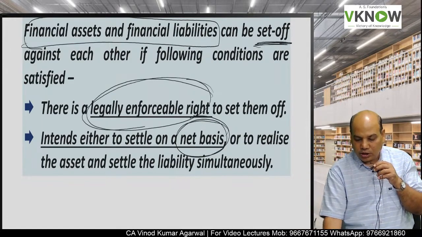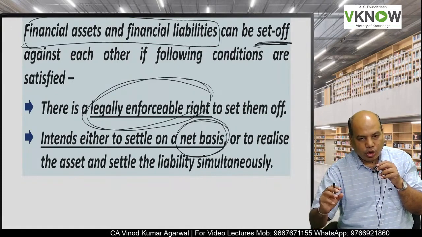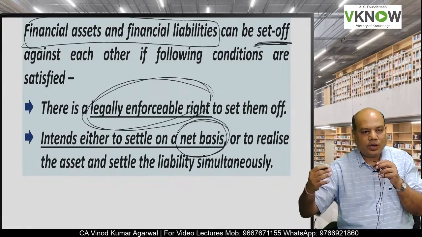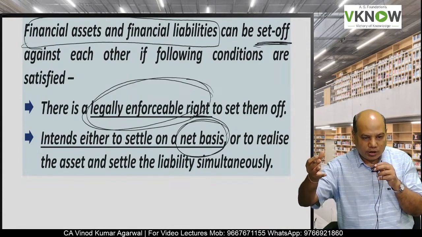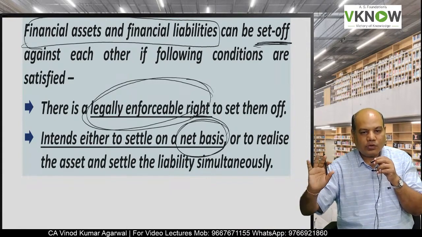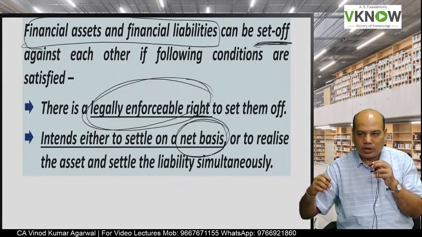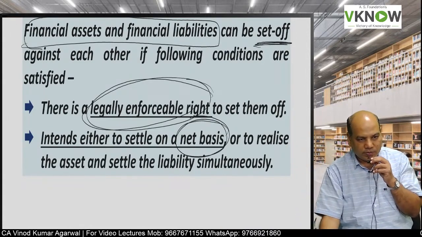The law of the land must allow net settlement. If you have an importer and exporter in a foreign country, the law does not allow you to settle on a net basis. From the importer you will get money, and to the exporter you have to pay money separately.